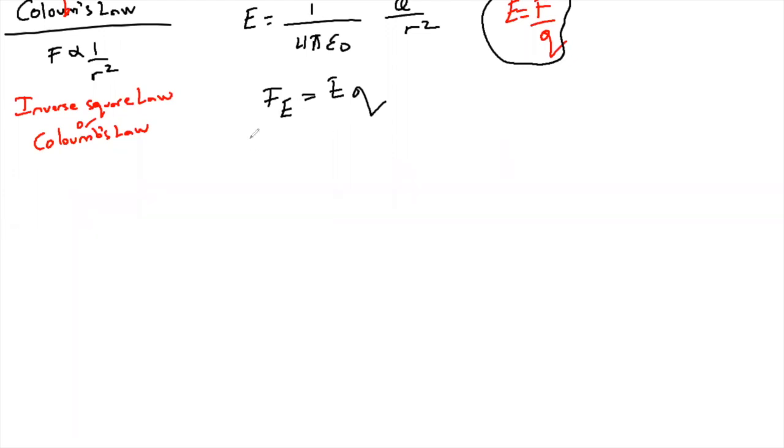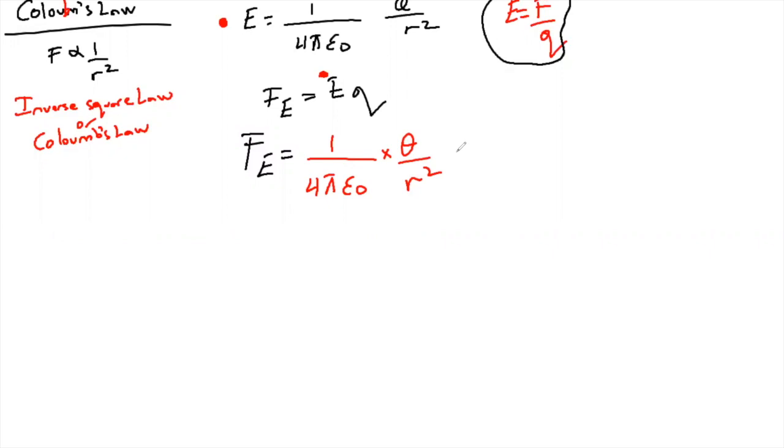Now, I'm going to substitute something here. I'm going to substitute the E above over here. So this is red, and I'm going to substitute this here. So after substituting, I'm going to end up with something like this.